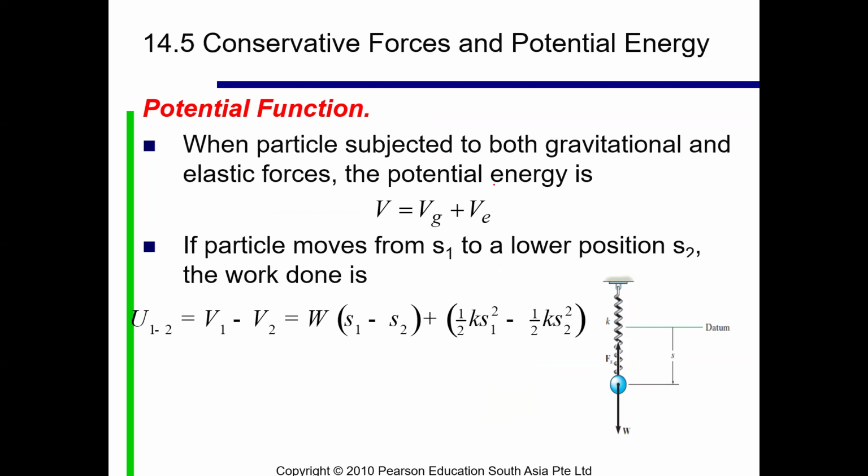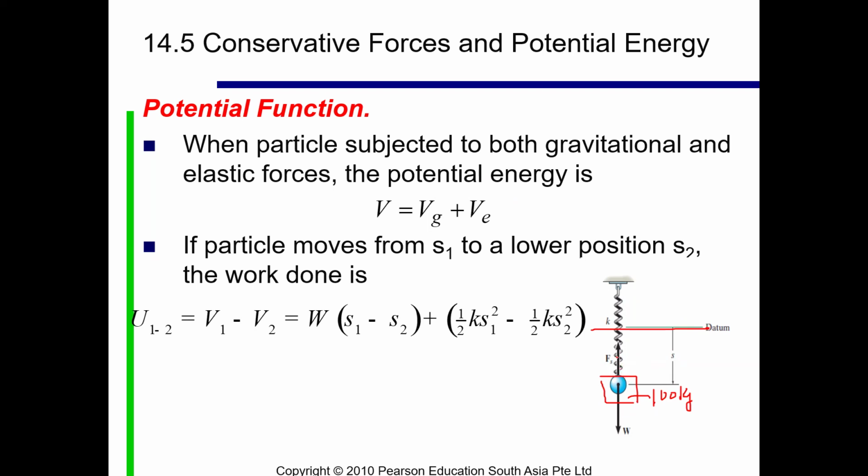Sometimes students, we have a scenario where both types of potential energy are present within one system. For example, this weight is hanging, and let's say this is 100 kg, right? With respect to the datum, if we know the distance y, we can calculate the gravitational potential energy.